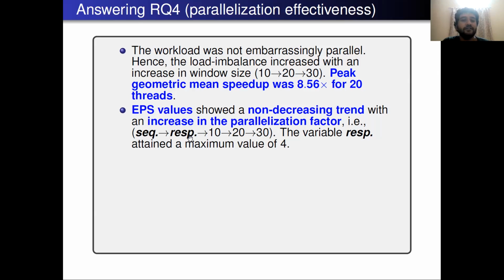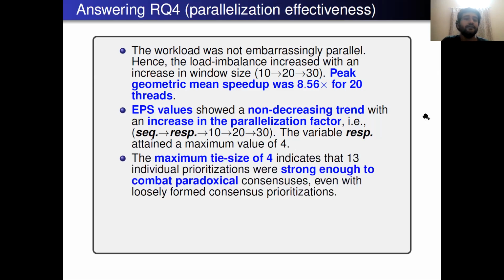The RESP is the window configuration according to the tie size. In all our experiments, the maximum tie size was 4. As it increased, 10, 20, 30, EPS values boosted further. So parallelization actually helped in having a better failure observation rate.